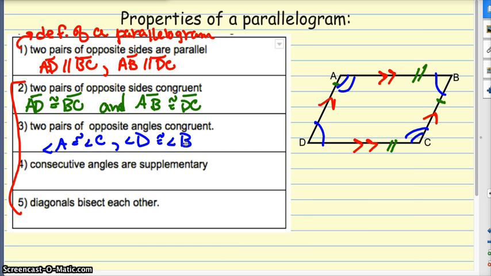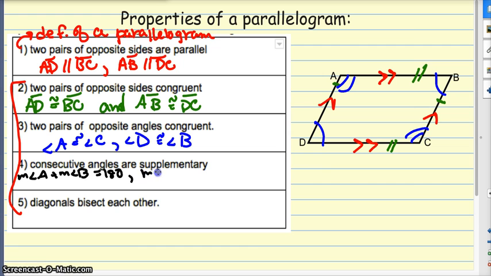As we could work through that, I could prove any of these to you because these are actually all theorems. Consecutive angles are supplementary. There are really no markings that you can make, but the word consecutive means angles that are right in a row. For instance, the measure of angle A, when added to the measure of angle B, is going to equal 180 degrees.